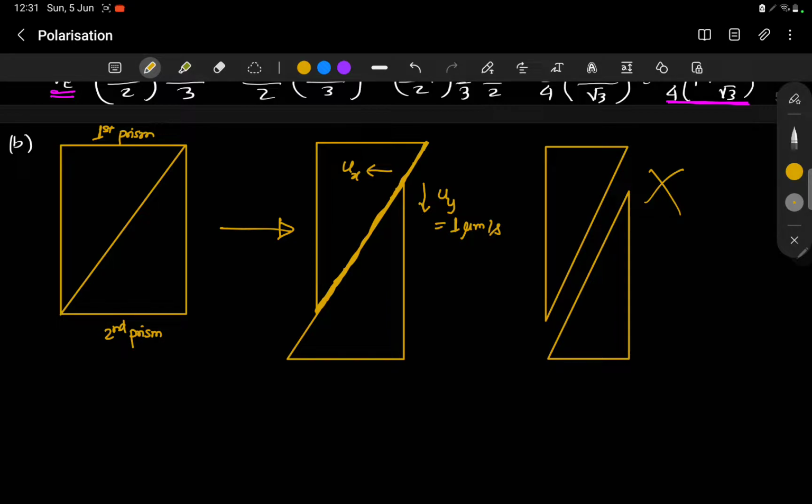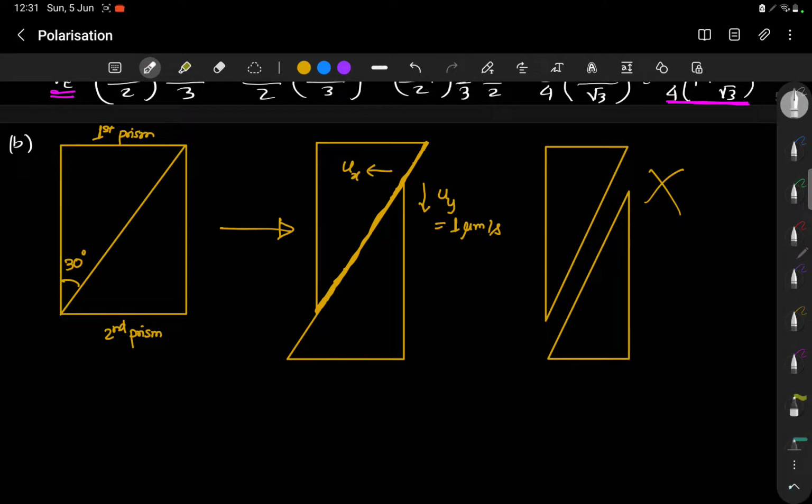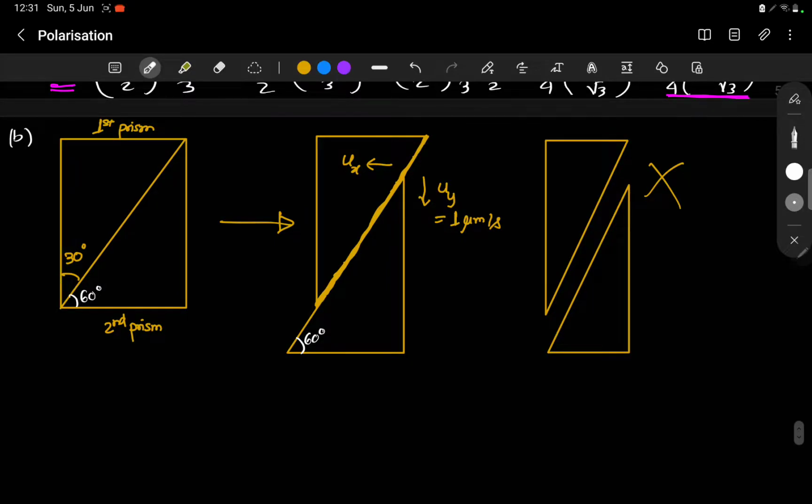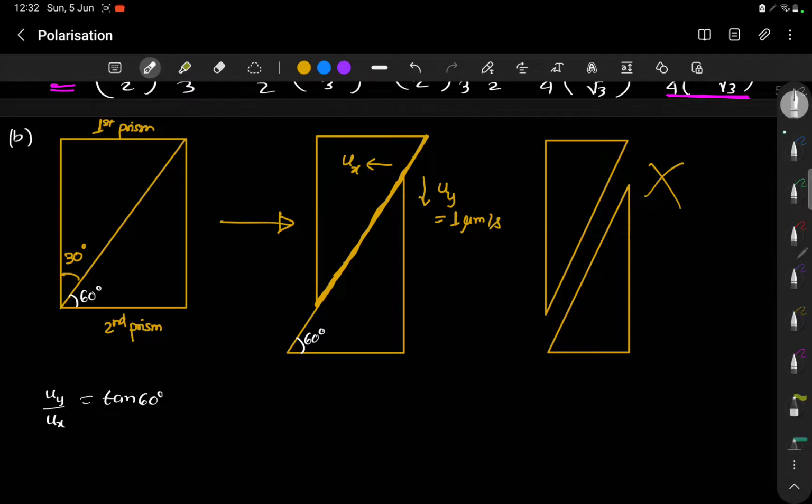That can be found by simple trigonometry. We were given that this angle is 30 degrees. So that means that this angle is 60 degrees. So this angle right here is 60 degrees. So we know that uy over ux will be tan 60 degrees. So the net velocity direction would be along the interface.